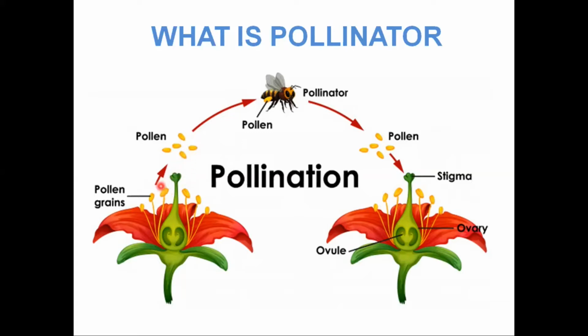The pollen grain from the anther sticks to their body, and they deposit these pollen grains onto the stigma of another flower when they sit in search of sweet juice like the nectar present in the petals. After landing on the stigma, via the pollen tube, the pollen grain enters the ovule of the ovary, and both pollination and fertilization take place.